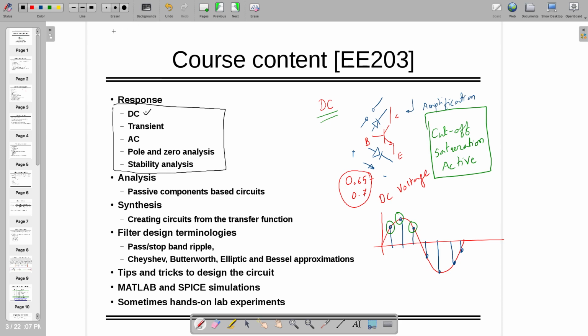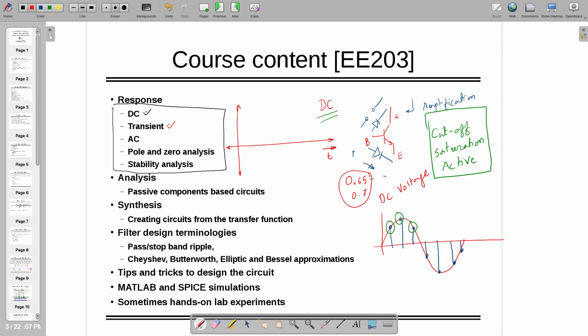Second one is transient. What do you think the transient analysis should be? When we just switch on the circuit, the initial changes are transient. Let me rephrase your sentence: anything which is with respect to time, we are going to call that analysis transient analysis.